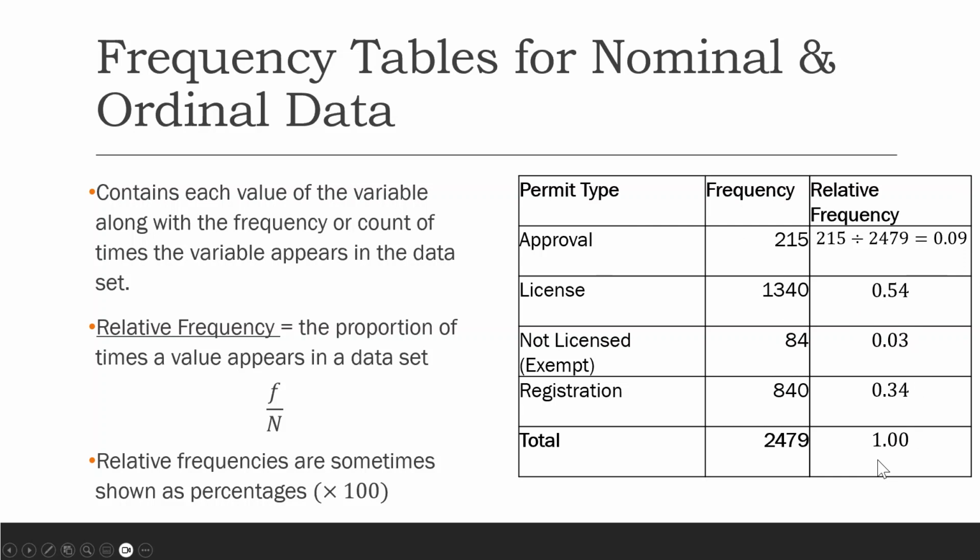And if you ever get into a space where they don't add up to 1, that doesn't mean that there's an issue or an error. Due to rounding, I round these to 2 places after the decimal. Sometimes when you do that, you may not get to 1. You may get to 0.99 or 1.01. It happens every so often. So that's a frequency table for ordinal and nominal data. You can do the same thing.